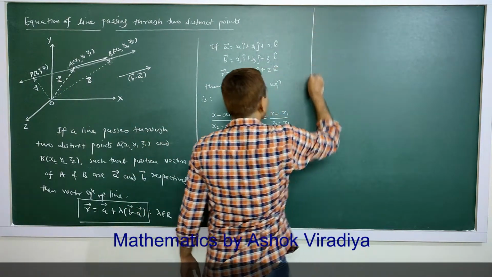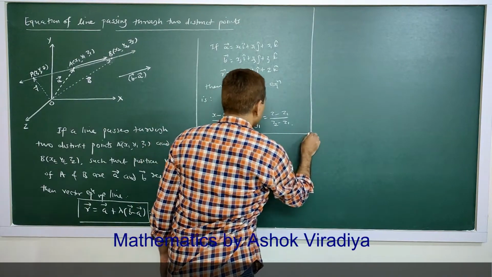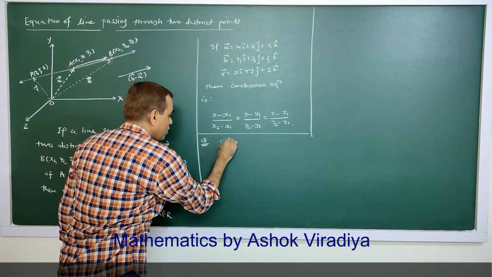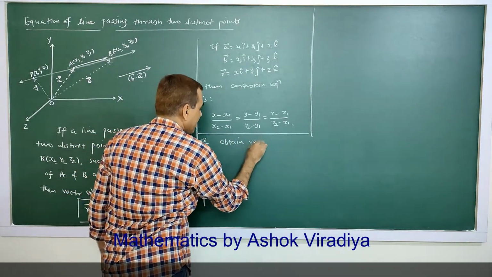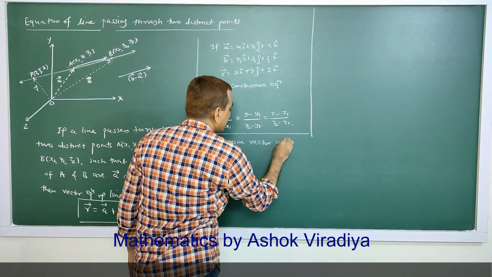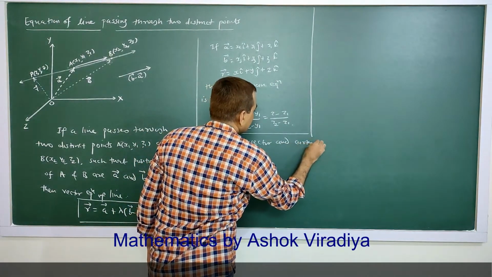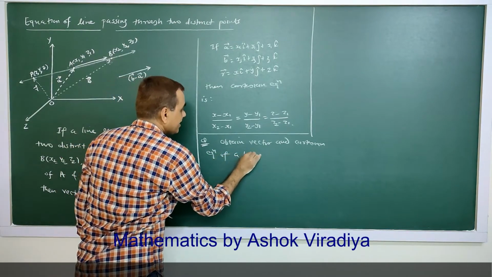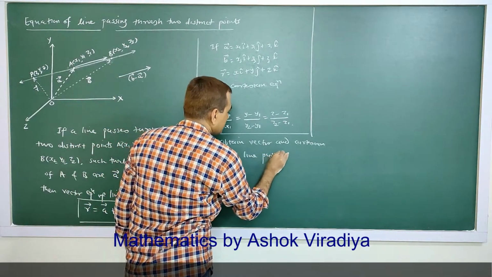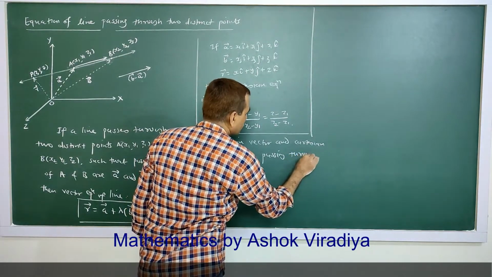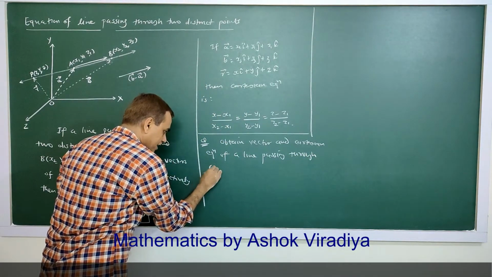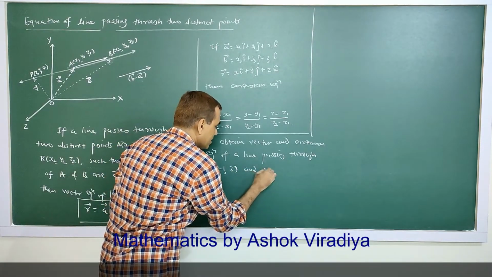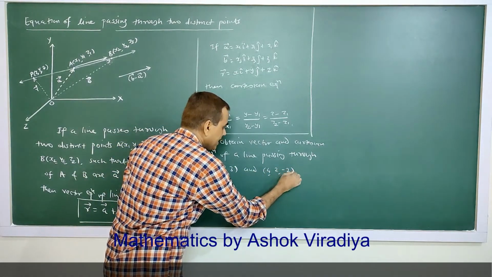Now to understand this result, I am taking a question. Question is, obtain the vector and Cartesian equation of a line passing through two distinct points 2, -1, 3 and 4, 2, -2.